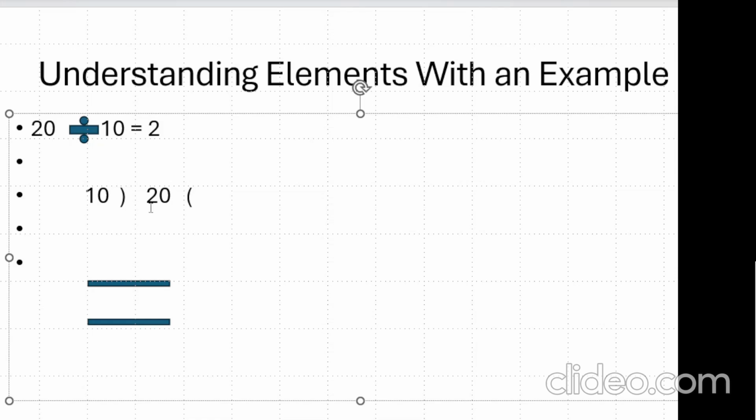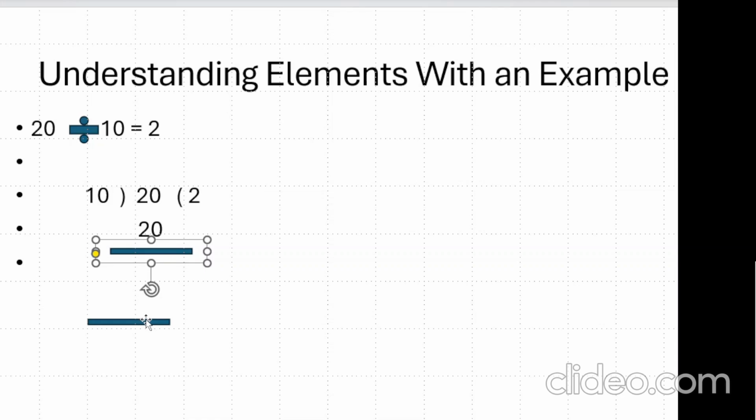So in order to do this calculation, we need to multiply 10. 10 ones are 10, 10 twos are 20. So considering we are getting 10 twos are 20, I'll be writing 20 here and 2 in the quotient's place.